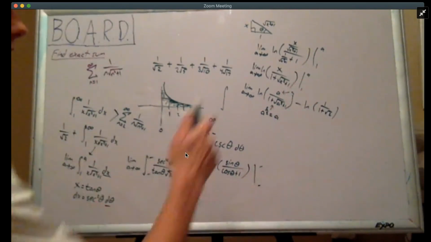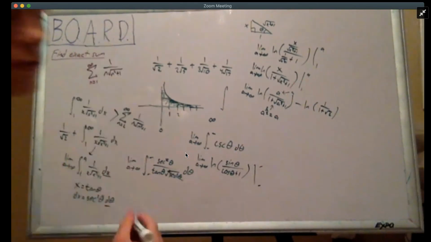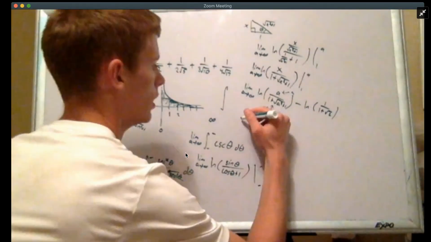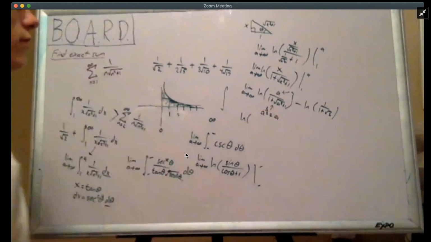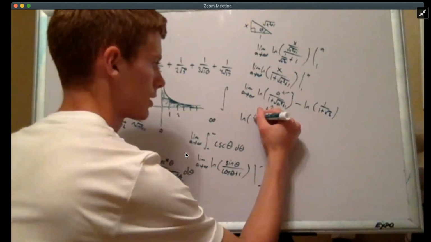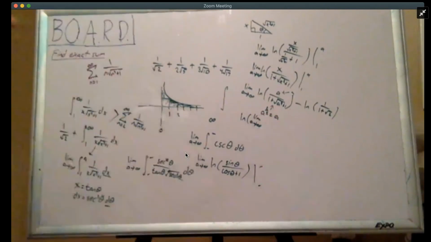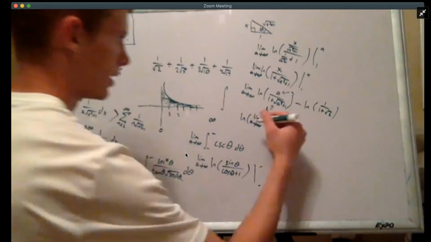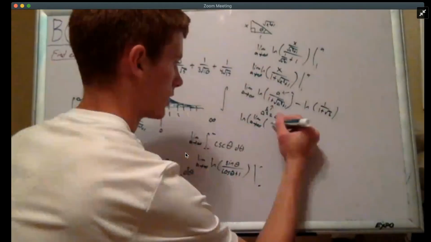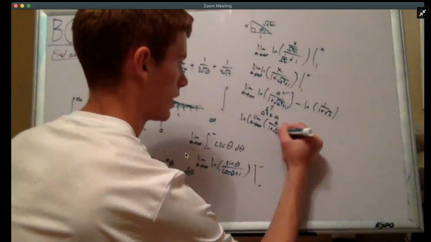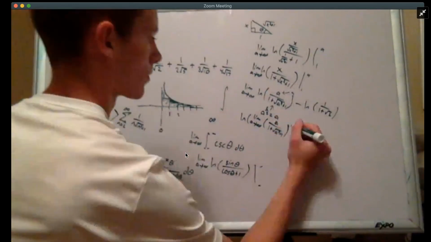And as there are no coefficients, we know, before I go into this, the limit can go inside the natural log as it is a continuous function, I guess. And we can move the limit inside, which is nice for this.